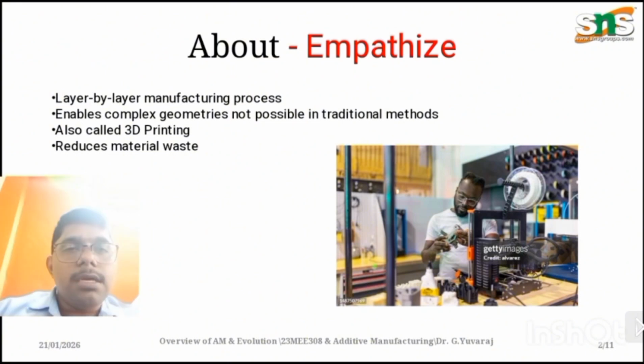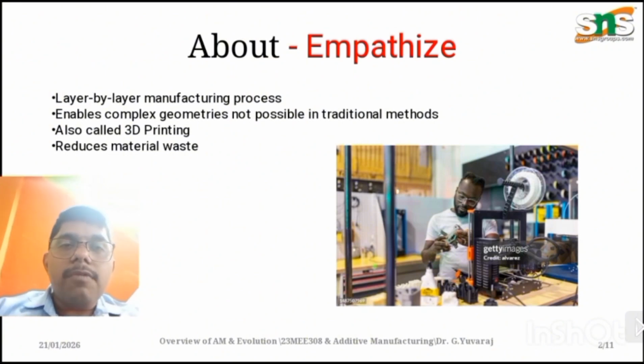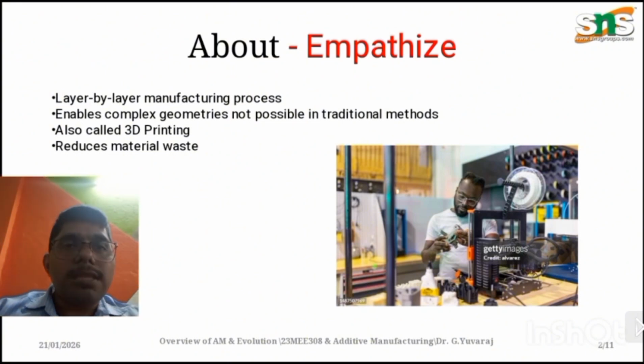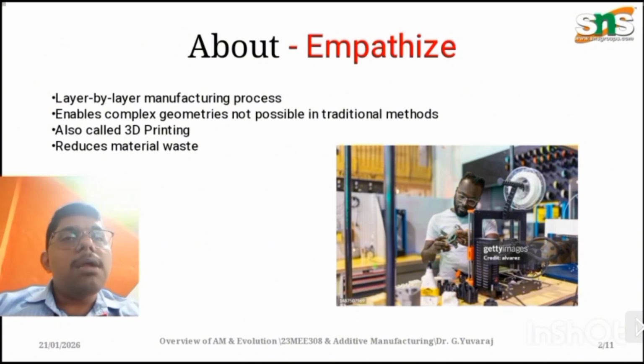We commonly call this layer by layer process 3D printing, and it is used for reducing material waste. That is why additive manufacturing is always a good choice before products are launched in the market. They use it to get a prototype for a better understanding of the structure and the entire view.